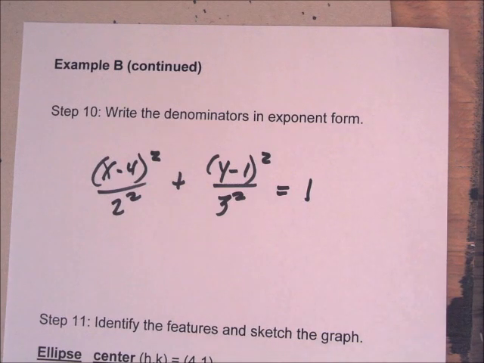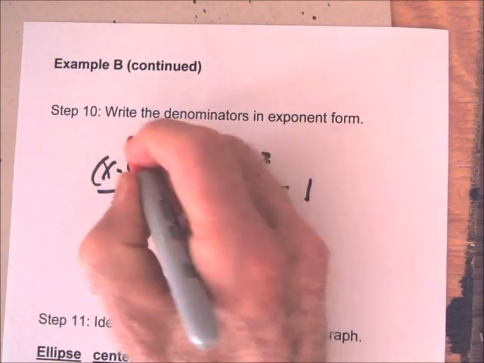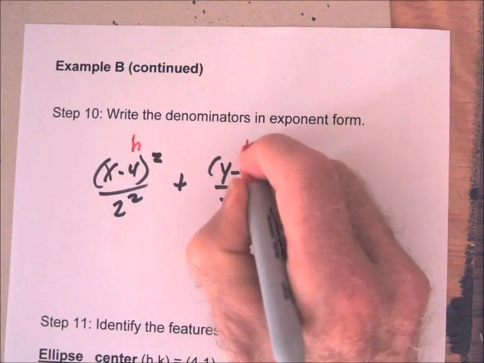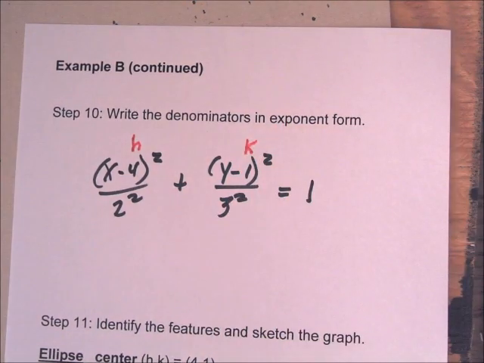This is the number inside parentheses with x. I'm calling that h. I like to always put h with x, and y with k, so the formula is always the same.